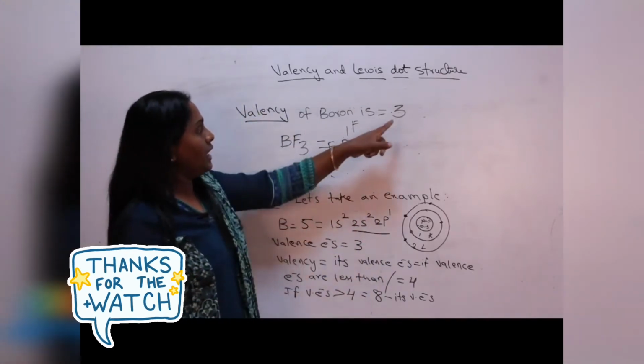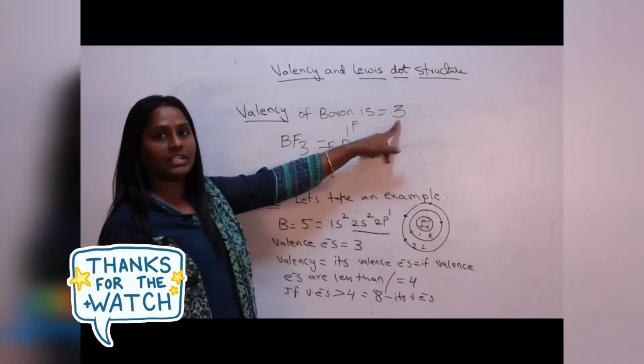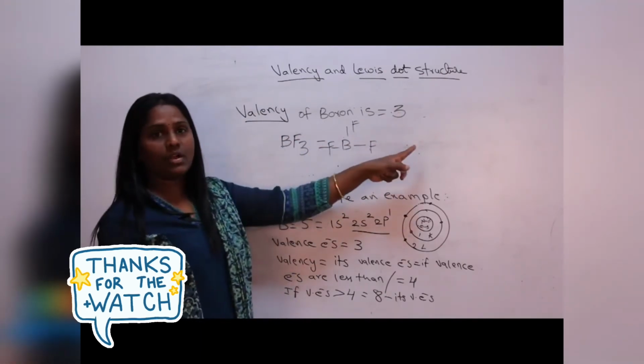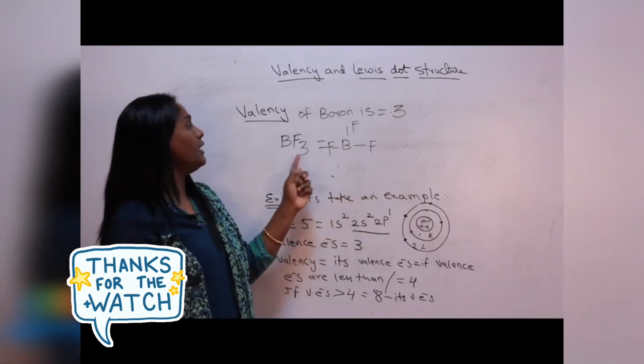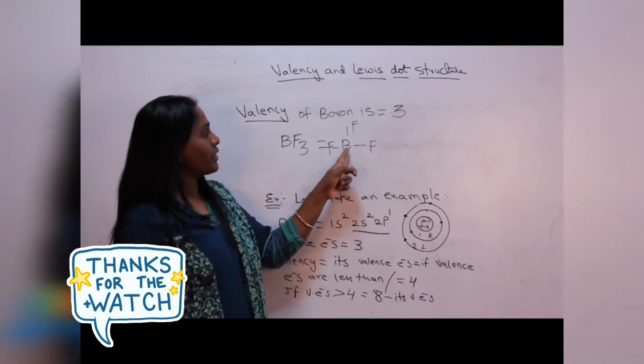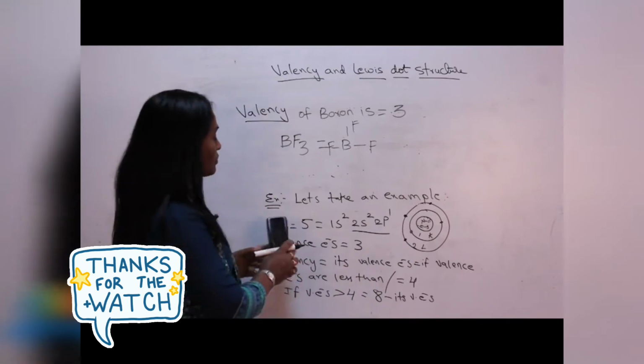See here, the valency of boron is 3. In the name itself it is there. Combining capacity of boron is 3. That means valency is 3. So B is combined with the 3 fluorine atoms.